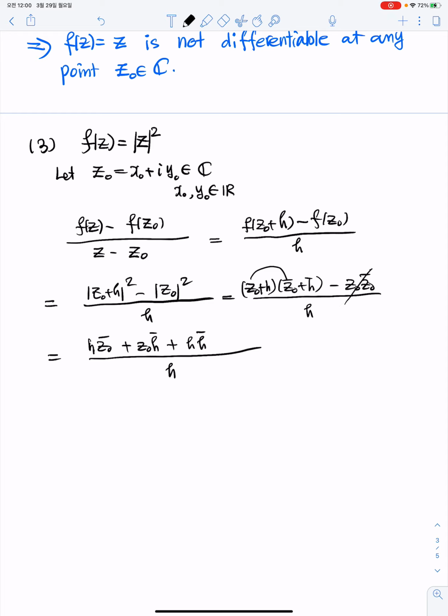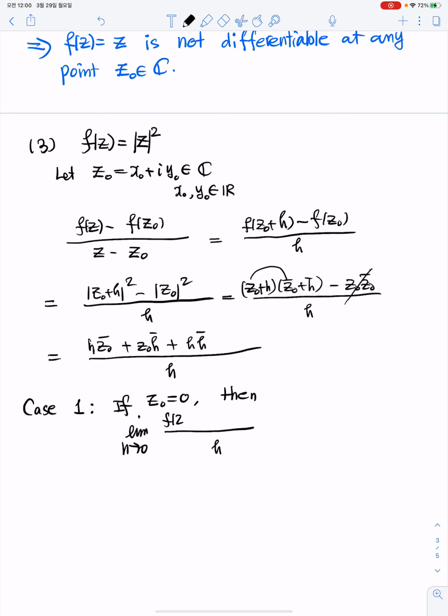Case one: if z0 equals 0, then consider the limit as h goes to 0 of f(z0 plus h) minus f(0) over h. Here this is 0, and then you have h conjugate.